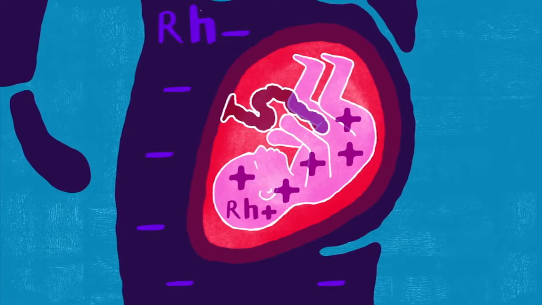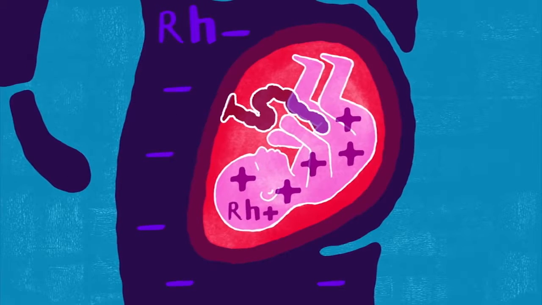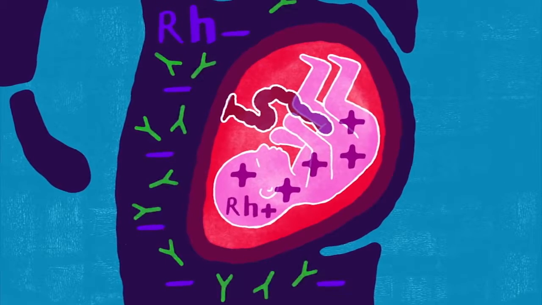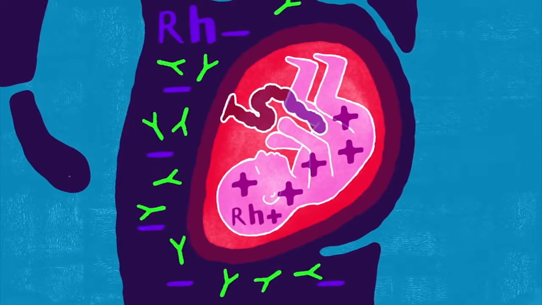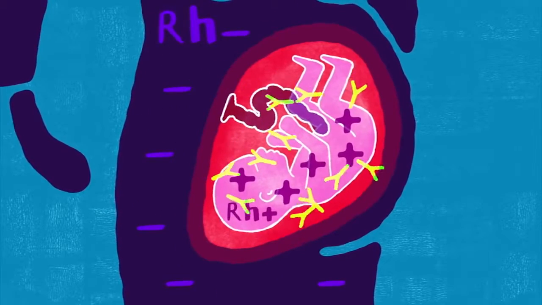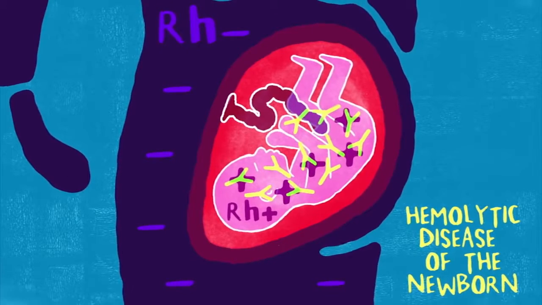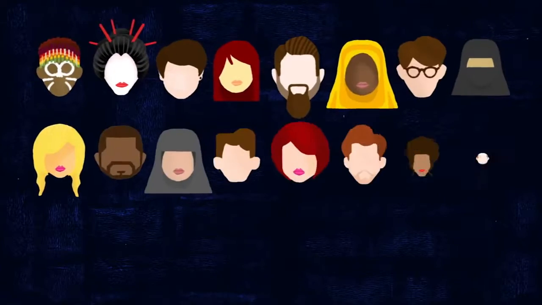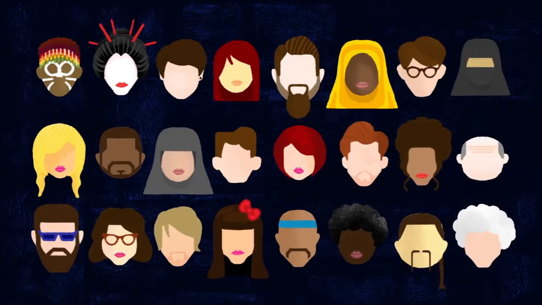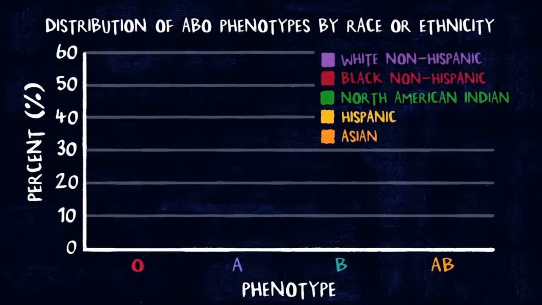If an Rh negative mother is carrying an Rh positive child, her body will produce Rh antibodies that may cross the placenta and attack the fetus, a condition known as hemolytic disease of the newborn. Some cultures believe blood type to be associated with personality, though this is not supported by science.